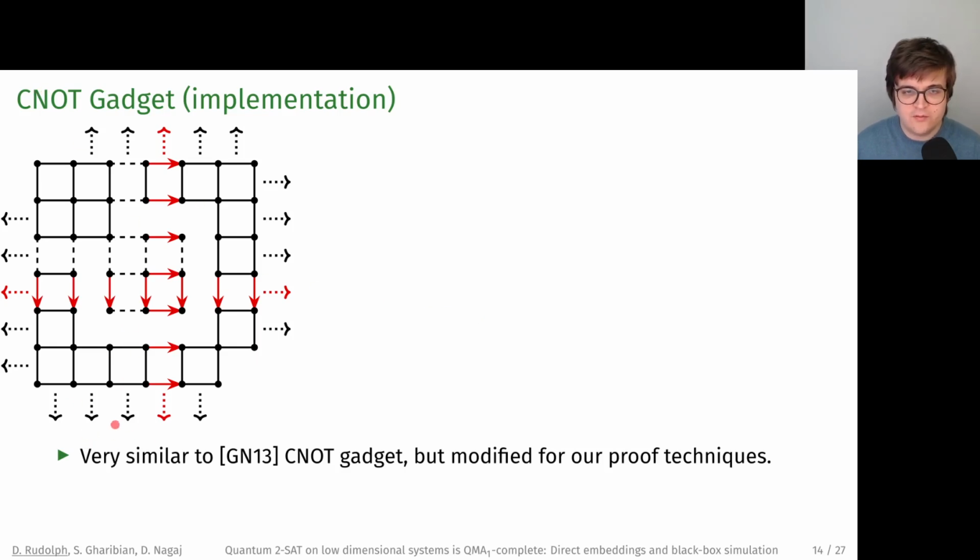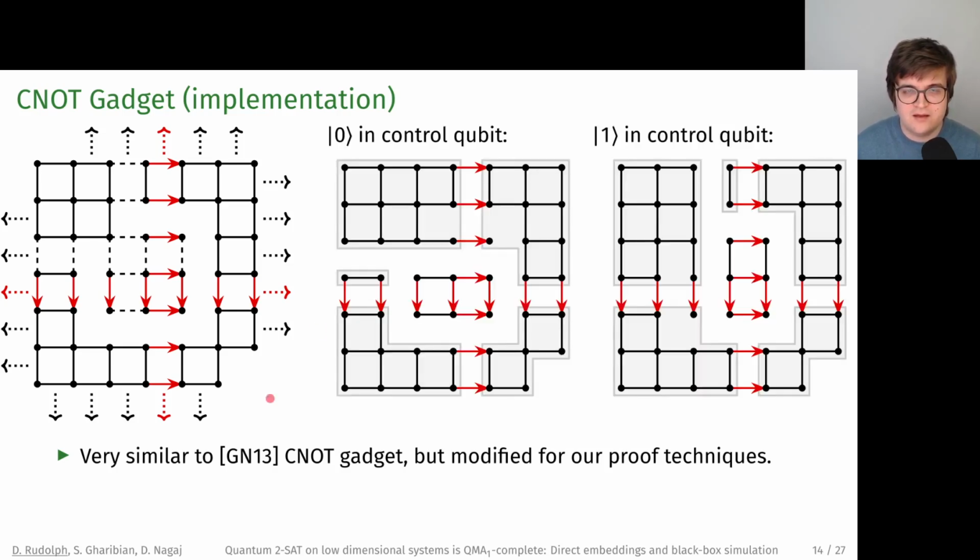This is our version of the gadget, which is very similar to GN13, but we had to perform some modifications to apply our own proof techniques to get the improved soundness analysis. The basic idea of how this works, and I won't go into detail, is that if you have a 0 in the control qubit, then all these dashed edges, the horizontal edges, become solid, the vertical edges are removed, and then you get the path from here to here, first x, then y, and for the 1, it's similar, first y, then x.